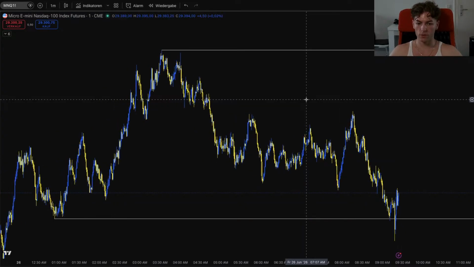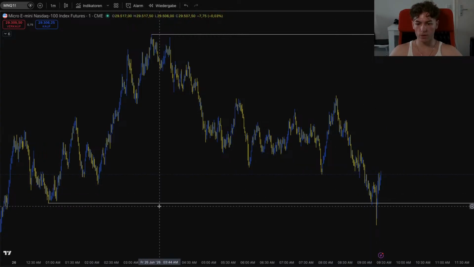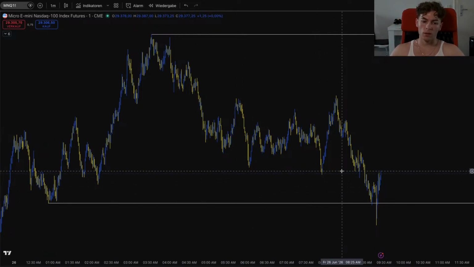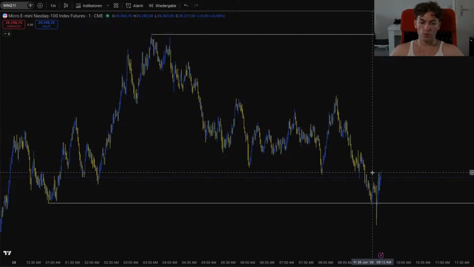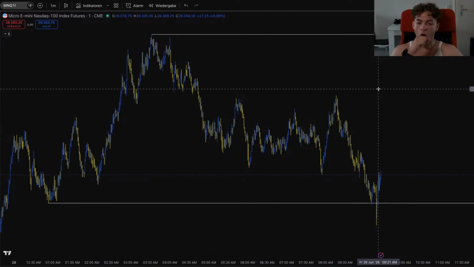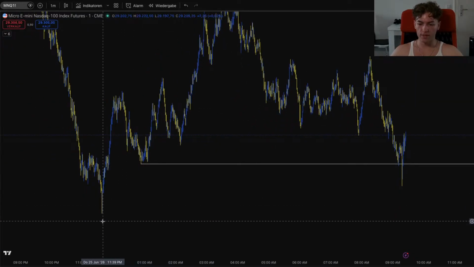So I actually hoped that before 9:30 we'd leave these relatively equal lows intact, have the 9:30 opening more or less around here, take out these highs to then come right back into these lows and previous day's low.